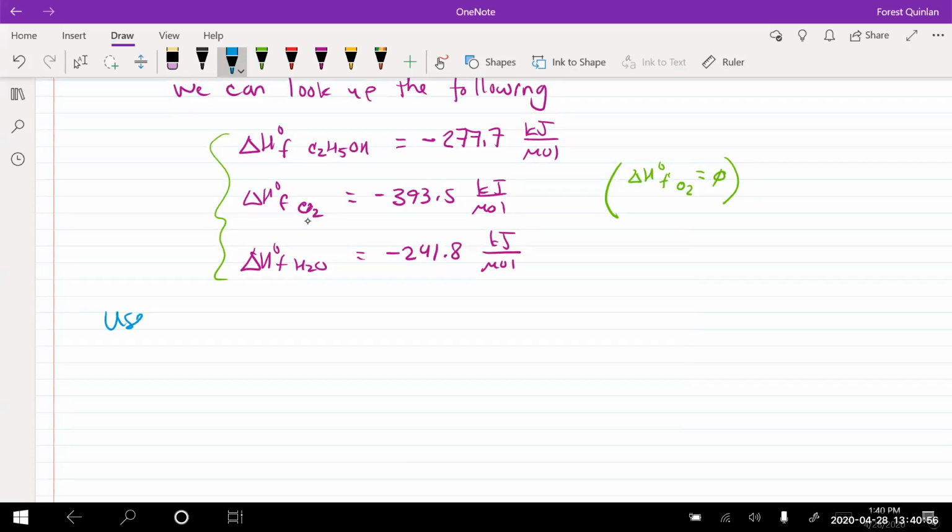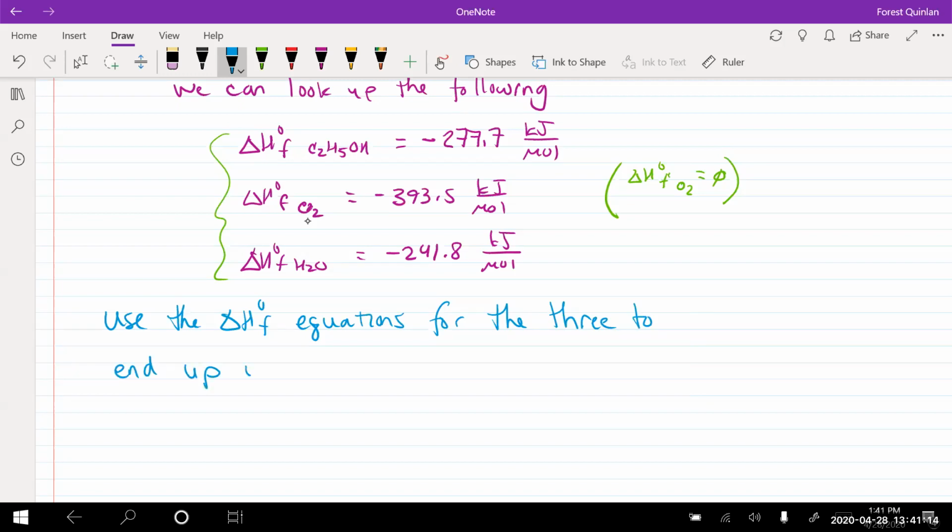So use the delta H naught of formation equations for these three to end up with our initial reaction and get its delta H of reaction.